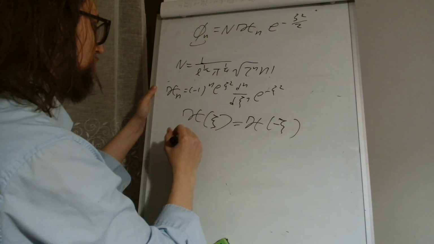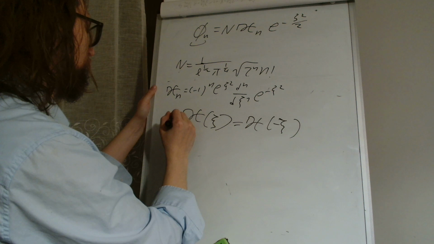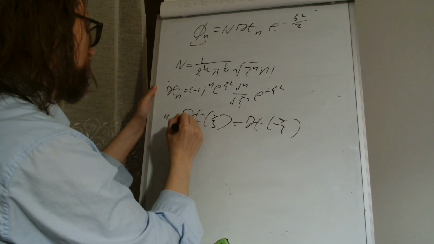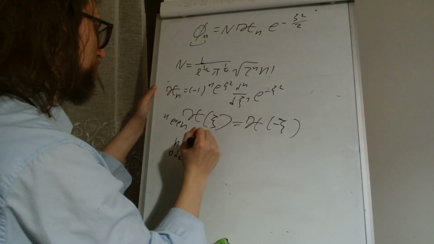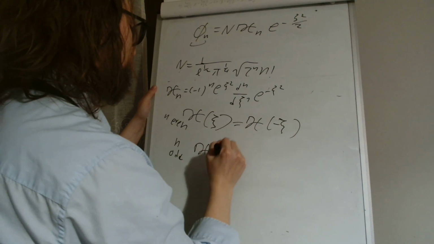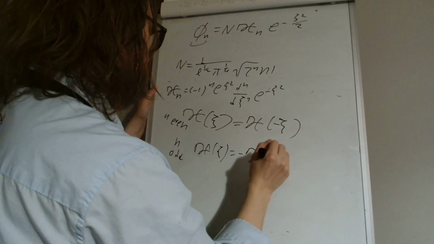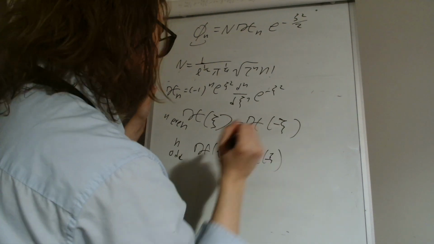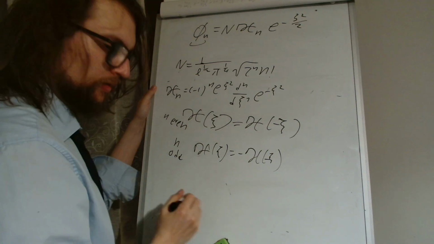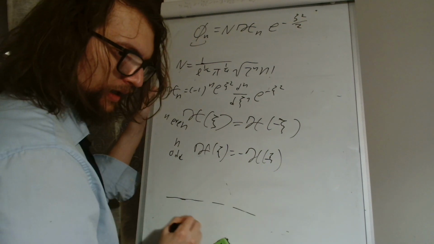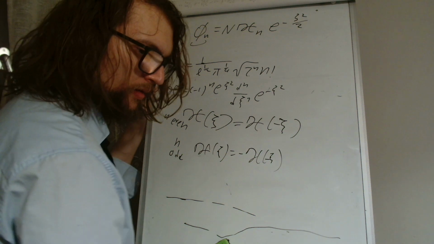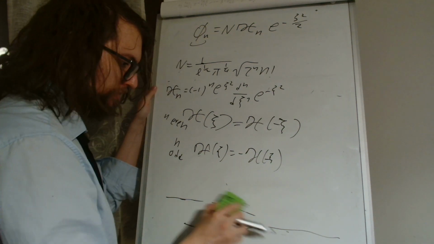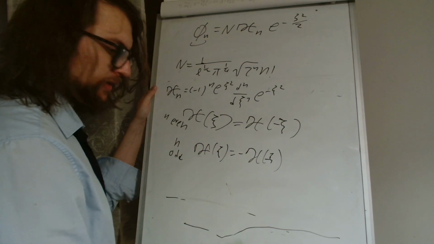Instead, when n is odd, we will have anti-symmetrical wave functions. Sorry, I'll write the line here because you can't see below here.